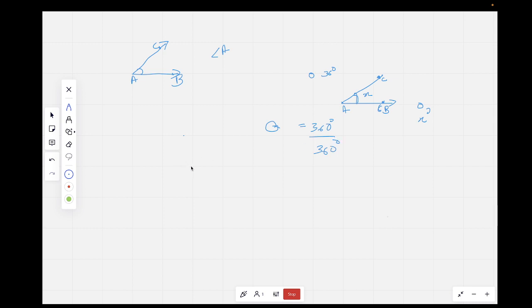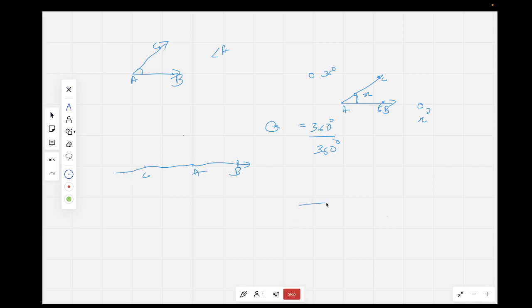So let's say we just take the half turn. There is line segment AB and C has moved till the exact opposite side of AB, and if we extend the line AB to the left side, it is the same line.